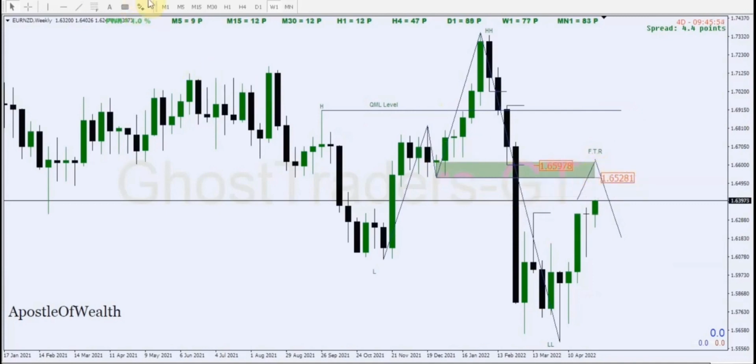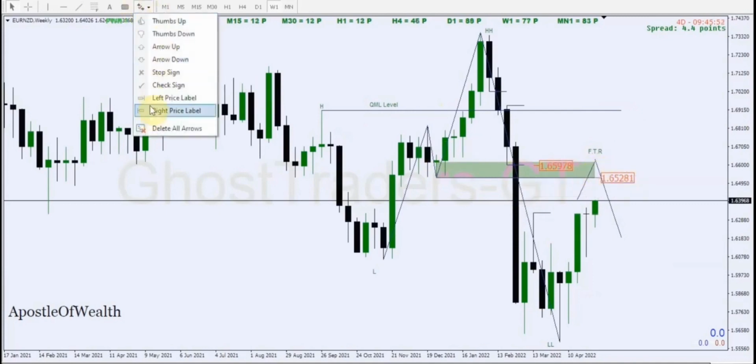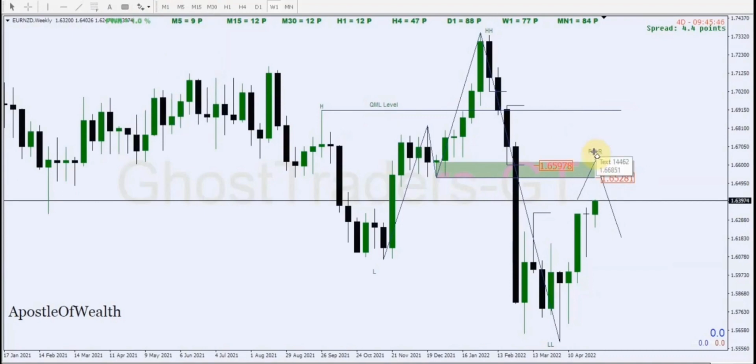So you're going to be anticipating a sell at this level here, and also at this level here.